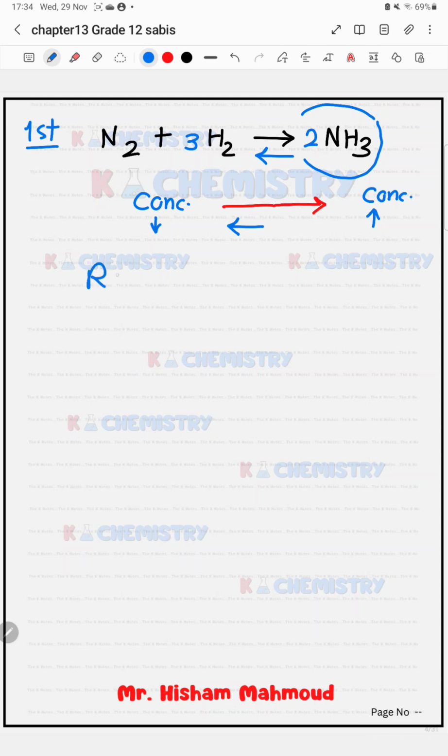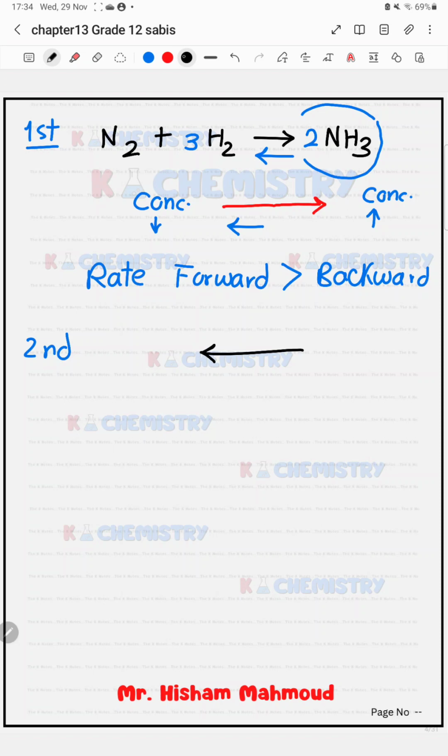So the rate of the forward direction is much more than the rate of the backward direction. The second case is the opposite. Sometimes the rate of the backward direction is much faster than the forward one. This means that the rate of production of nitrogen and hydrogen from ammonia, this is the backward reaction, is faster than the rate at which the ammonia is formed.